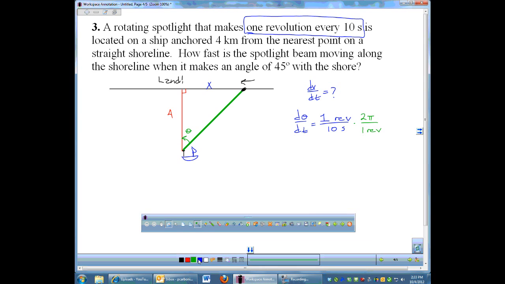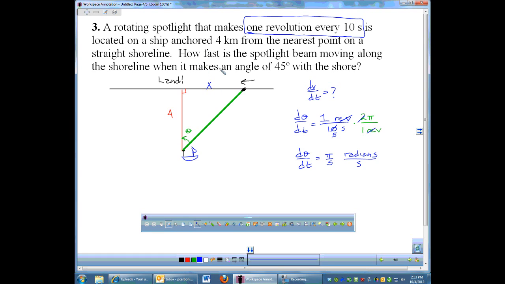So my d theta dt is going to be, the revolutions cancel, the 2 over 10 cancels, and it's simply pi over 5 radians per second. So now I have a rate that the angle changes. The angle changes at pi over 5 radians per second.